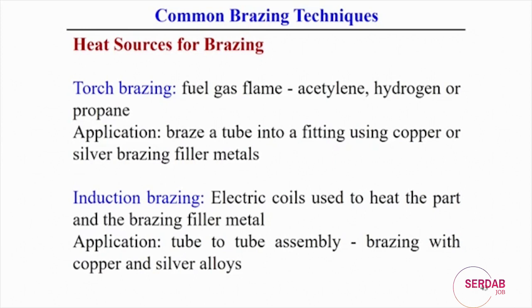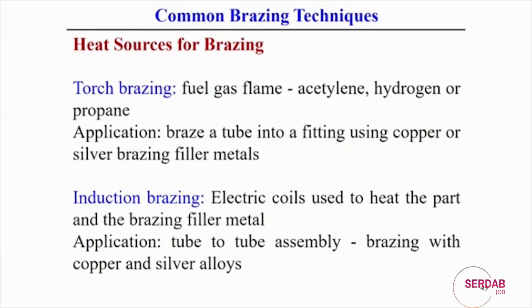Induction brazing is another kind of technique, where we generally use electric coils to heat the part as well as the brazing filler material. So, in a tube to tube assembly, brazing can be done with copper and silver alloy between these two tubes to join them.